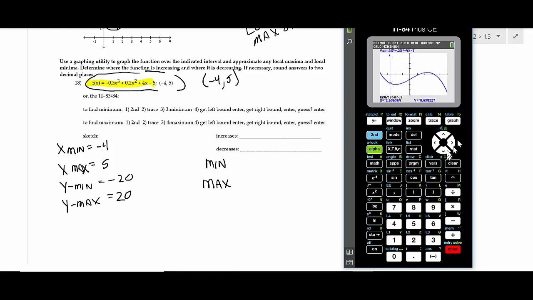Then I do a right bound. So now I do the right cursor key until I get to the right of it. So I go like that, and then I press enter. And then I've got 2 boundaries. Now when it says guess, just press enter. And then that's the minimum right there, okay?